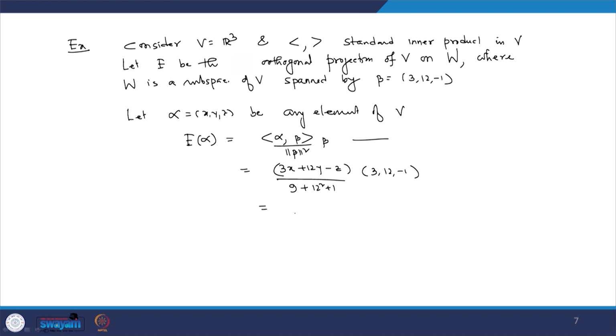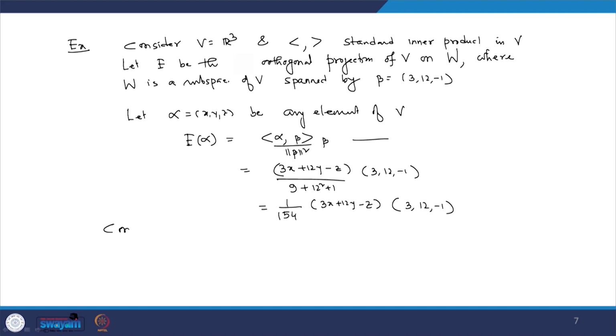If I simplify, I get 1 over 154 times (3x plus 12y minus z) times the vector (3, 12, -1). So, E alpha equals this.